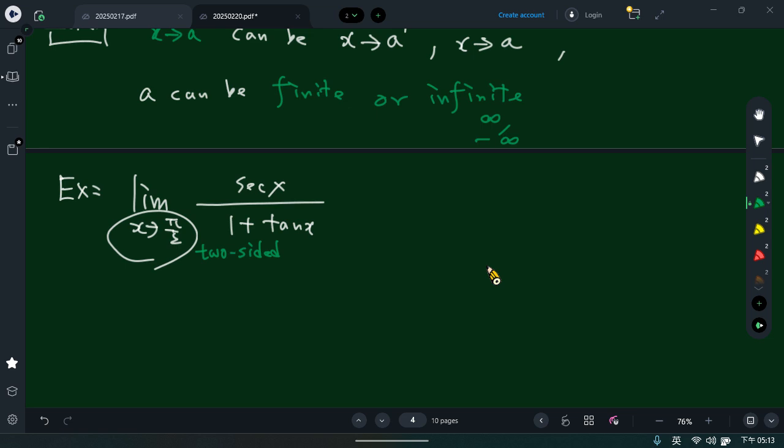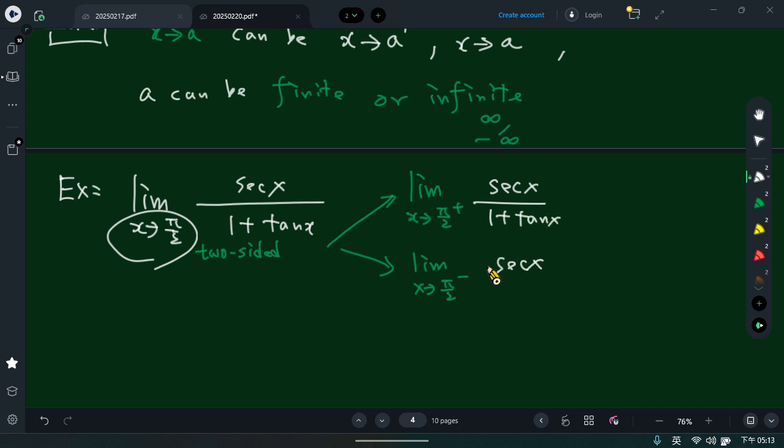This is for two-sided. So two-sided means that there are two parts. We will talk about the limit as x is approaching 1/2 pi plus, and the limit as x is approaching 1/2 pi minus, facing the same expression, secant x over 1 plus tangent x.